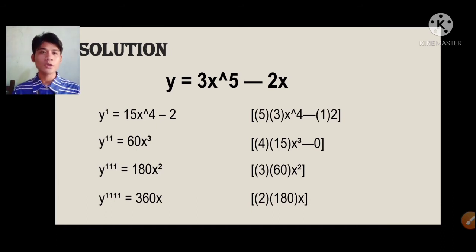It is because we bring down 2 and multiply it to the coefficient of x squared, which is 180, so we came up with 360. And for x, we subtract 1 from the present power in the third derivative, which is 2, so we came up with x.